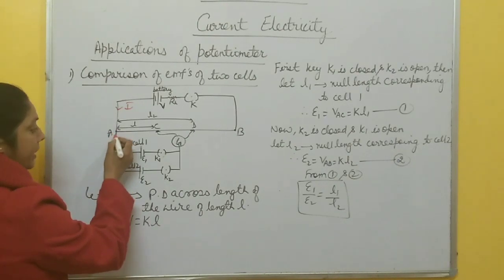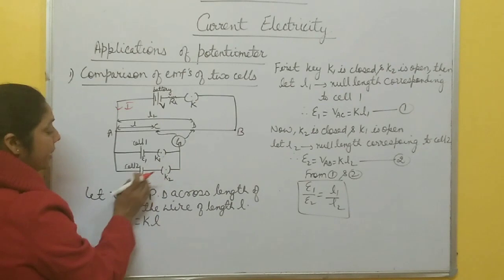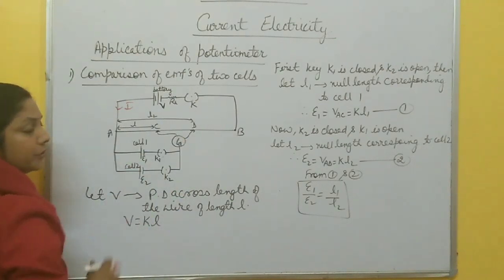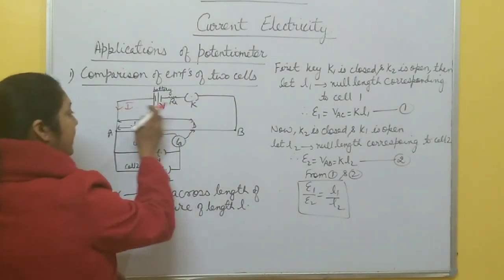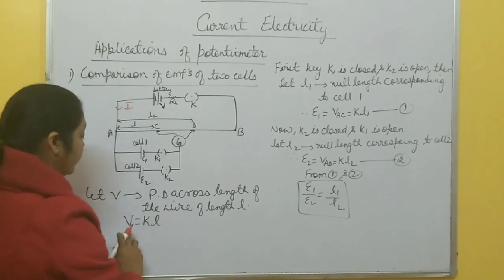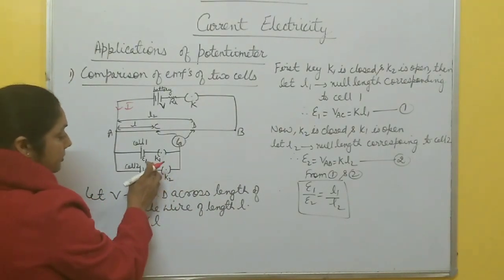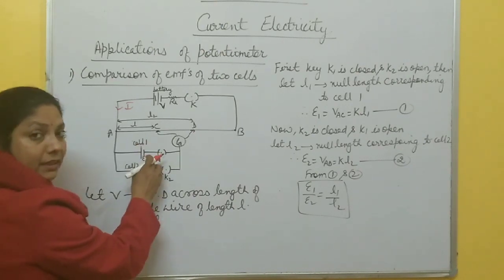Now you have to compare the EMF of two cells. So through point A, two cells are connected. The first cell is connected through key K1 and the second cell through key K2, and both are connected to a galvanometer. Now first this key is closed and current starts flowing through this wire, and V equal to KL we know. Now between these two cells, first I want to calculate the EMF of cell E1.